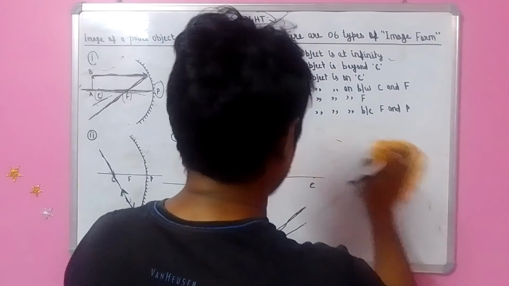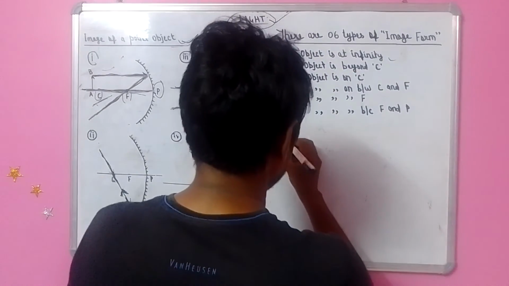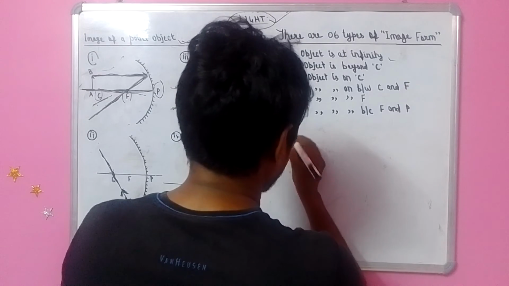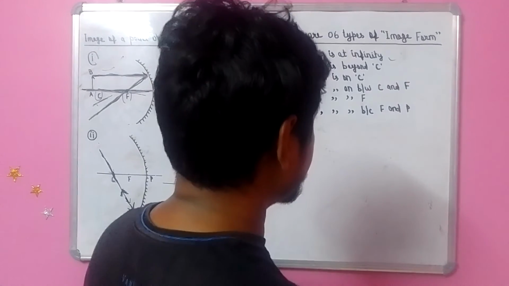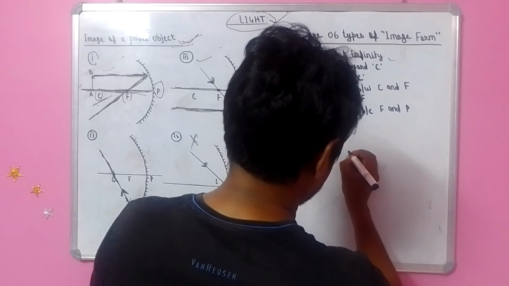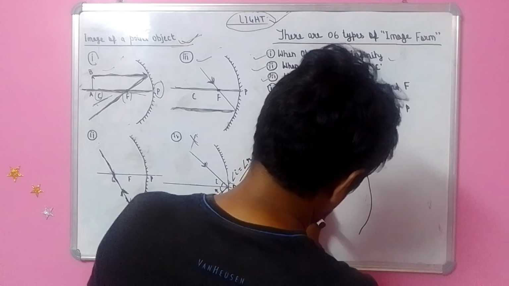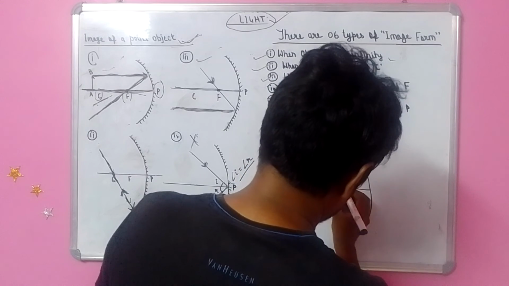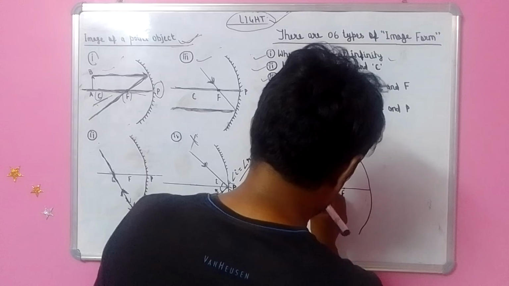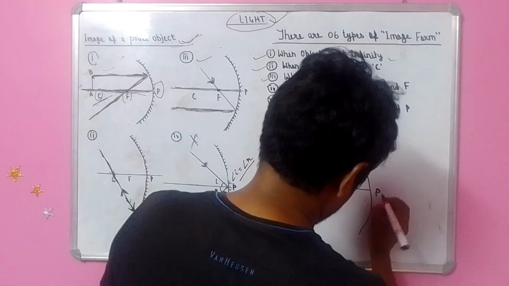And last, the sixth, we will see when the object is between focus and pole. This is the focus, the center of curvature, this is the pole.